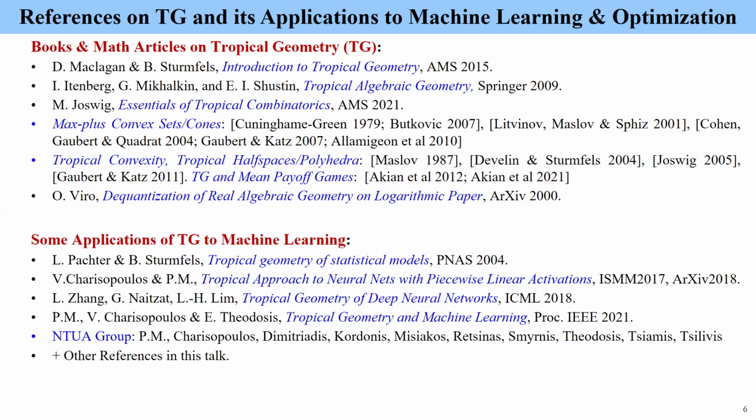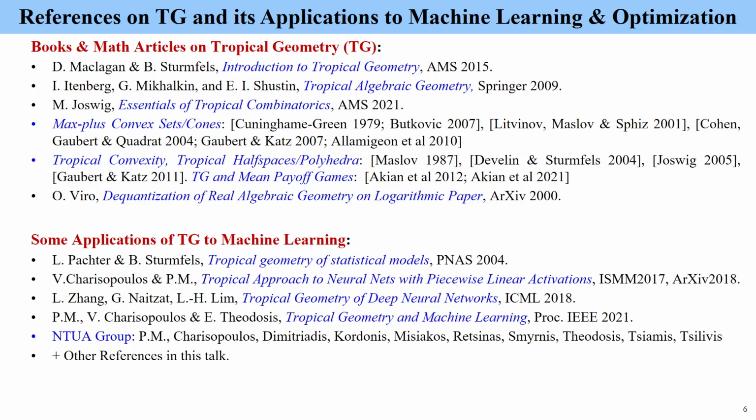Now, applications of tropical geometry to machine learning, again, some references. One of the first references was the work by Pachter and Sturmfels on using tropical geometry concepts to analyze statistical models of machine learning, specifically some types of hidden Markov models.